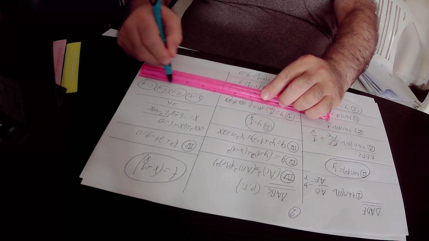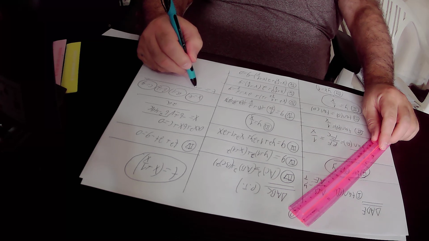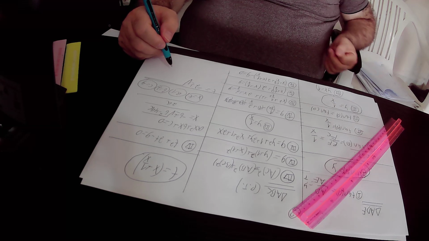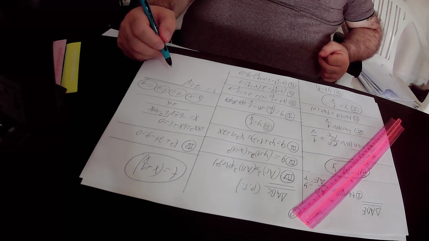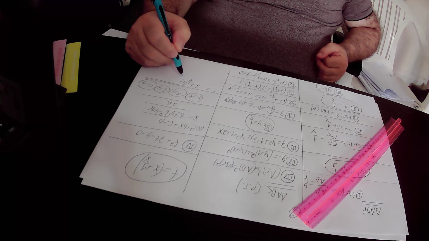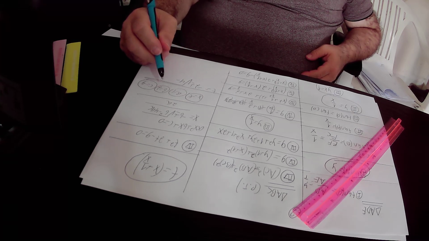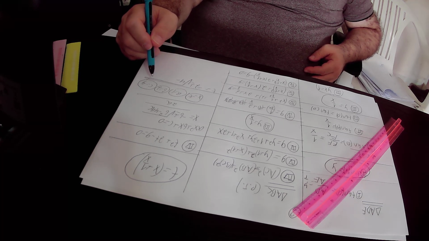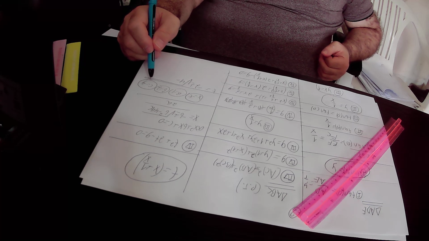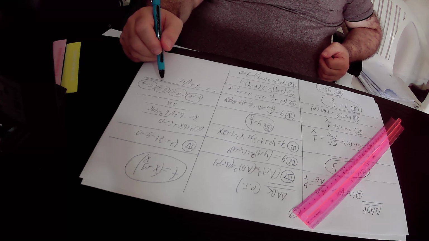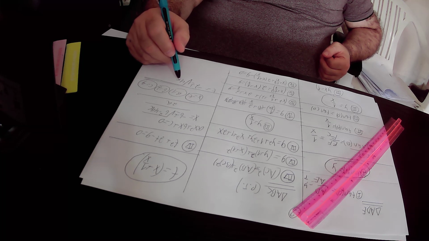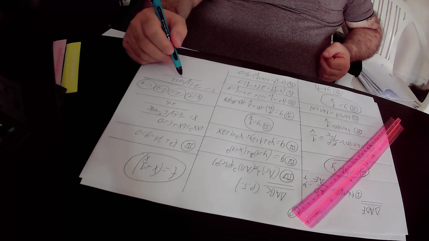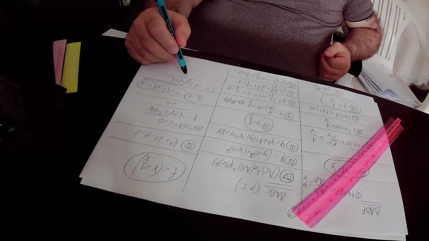minus b, b is 2, so minus b is minus 2, plus minus square root of b squared, b is 2, so b squared is 2 squared, 2 squared is 4, minus 4 times a is 1, 4 times 1 is 4, times c is minus 9, so minus 4 times minus 9 is plus 36, over 2a. 2a is 2 times 1, which is 2.